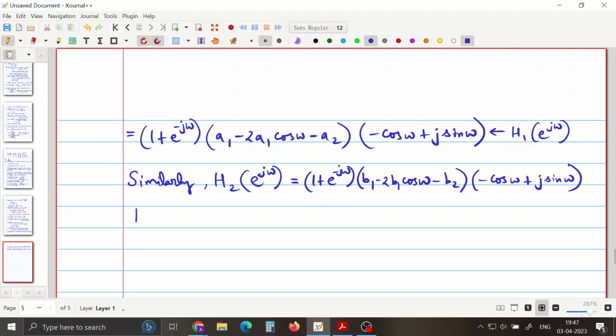Now if I divide these two frequency responses like this, you see this 1 plus e power minus j omega term will cancel out. Similarly, the minus cos omega plus j sin omega term will cancel out.